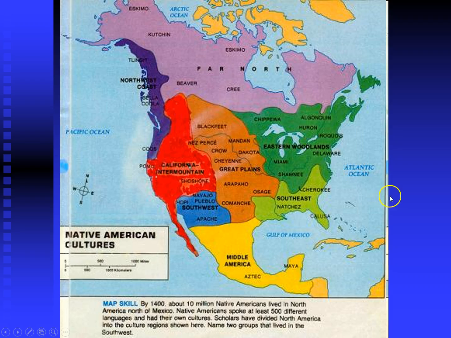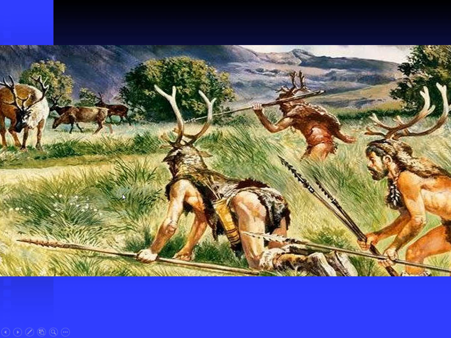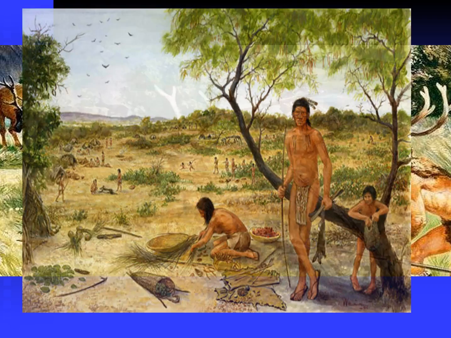So you can see with this particular image, and with the images I'm going to show you right now, just the enormous diversity. And it depends upon what Native Americans did in what part of the Western Hemisphere. Here you can see, probably during prehistoric times, an artist representation of what it was like to go on the hunt.